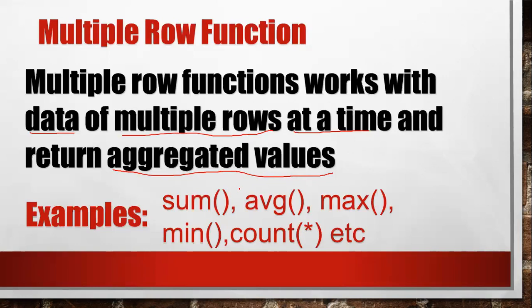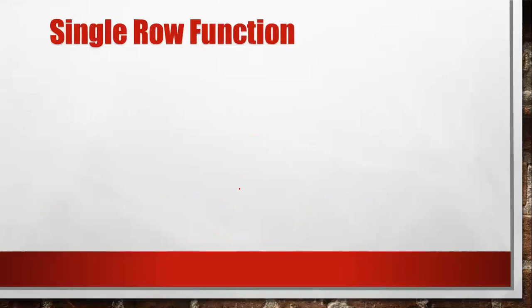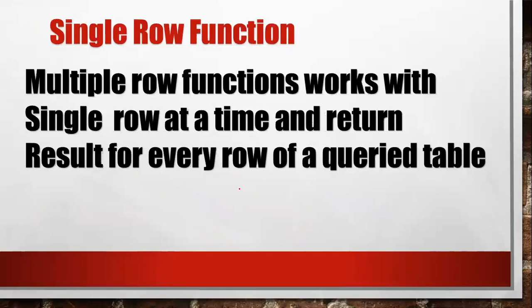Now let's move to the next category, that is single row function. Just wait, this is not multiple, this is a single row. There is a slight problem in the definition.